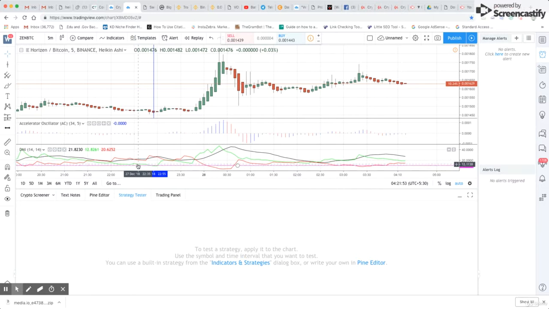That is, whenever the green line touches the 10-point mark, I buy in. But if I am holding for a day or two, then my profit target will be whenever this green line touches the 40-point mark or above 40. So this is where I sell.